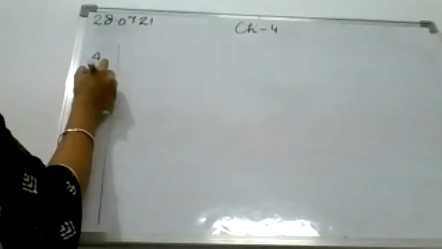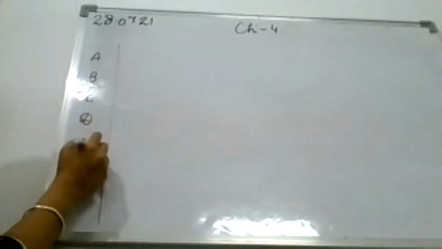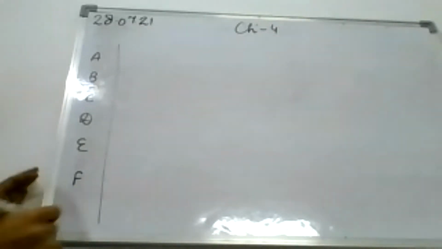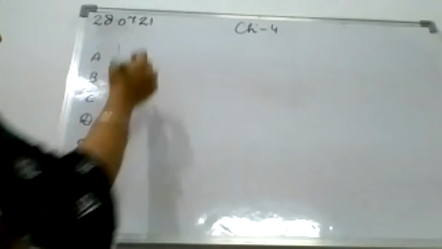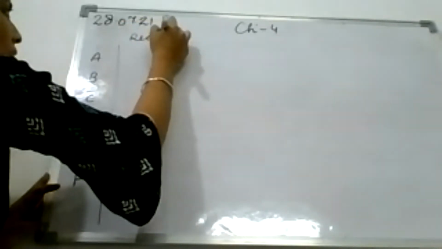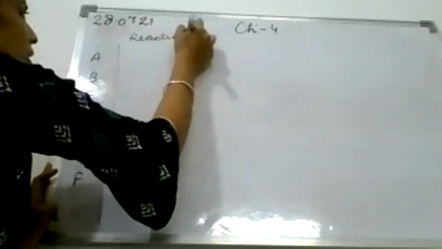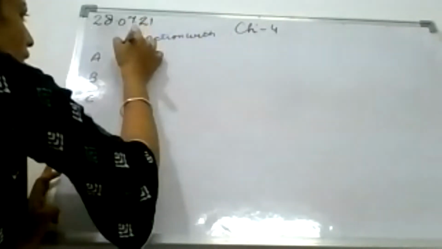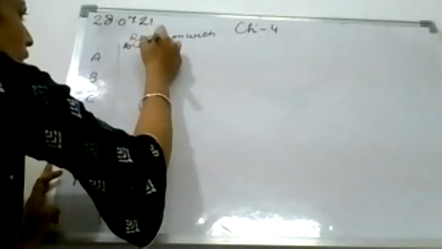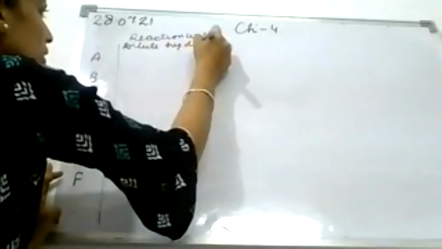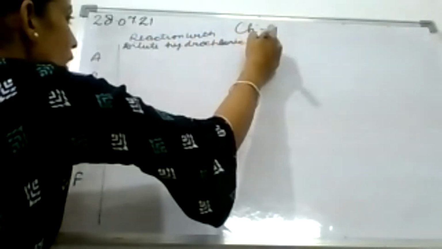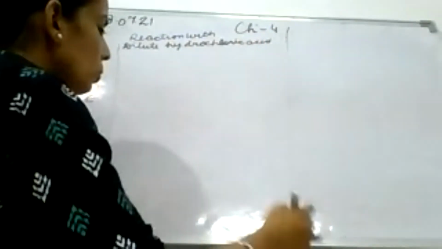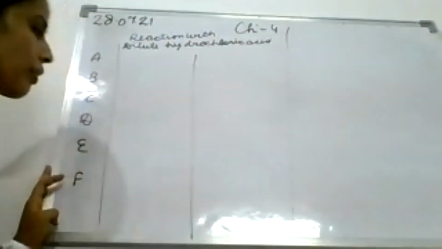So magnesium. I am writing here the sample names only: A, B, C, D, E and F. Okay, and the metal that is given. Now I am just making the table. The reaction with dilute hydrochloric acid, and we have to observe it under two different conditions.